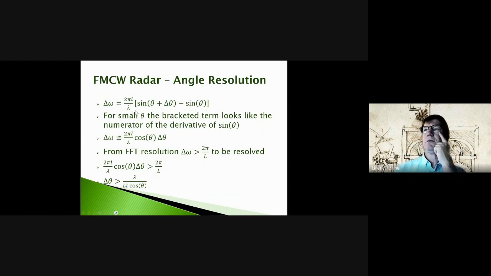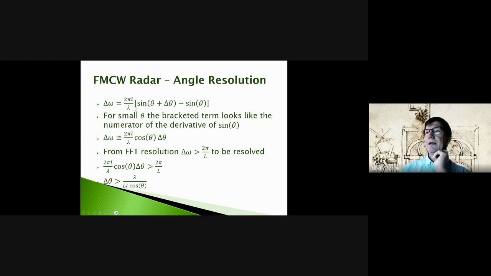We can do a little bit of work here looking at our ability to resolve two targets at small angles. We're going to assume we've got one target at this angle and another at this bearing, and we're looking at the phase, or the frequency, that's showing up in that angle FFT, and whether we can really discriminate those.